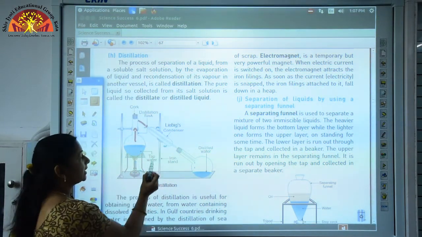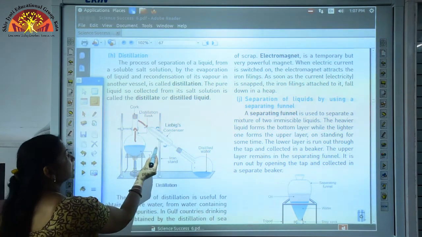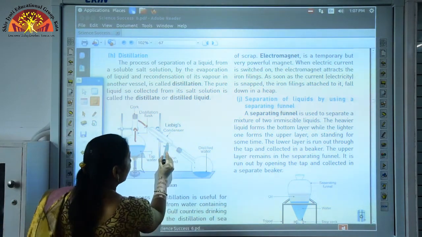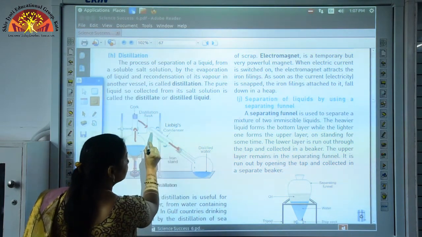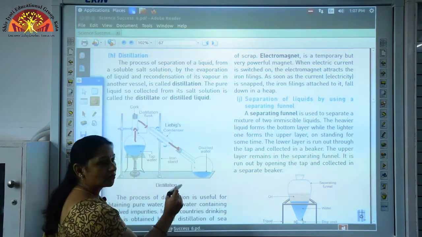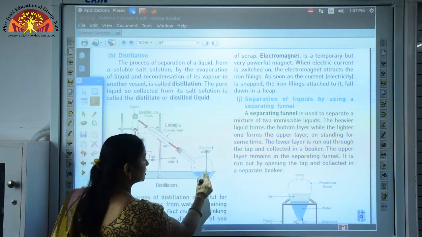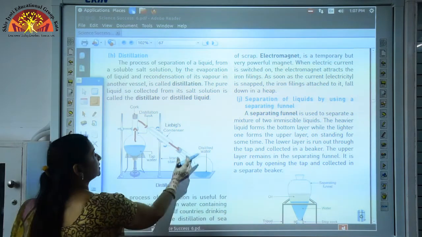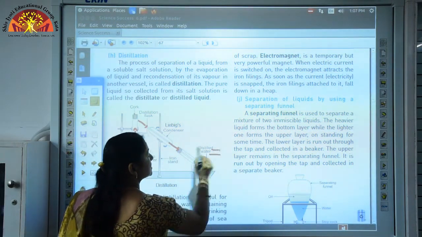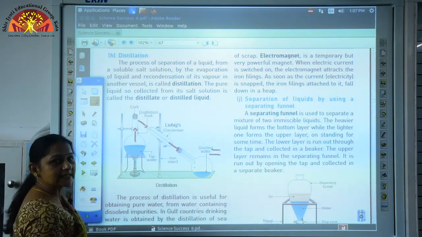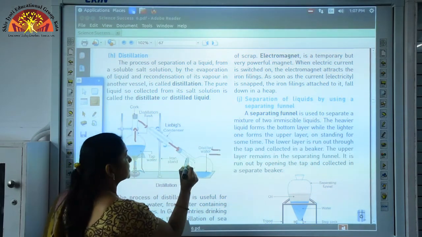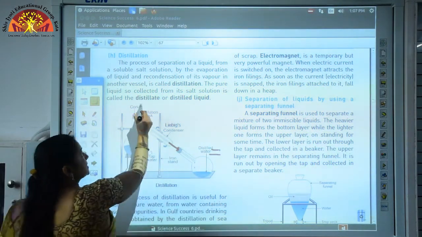This is a condenser over here which converts these water vapors into water again, and when this water passes through the condenser, it is then collected in another round bottom flask, and the water which is obtained after this distillation process is known as distilled water. This is the purest form of water. We can call it distilled liquid or distillate.